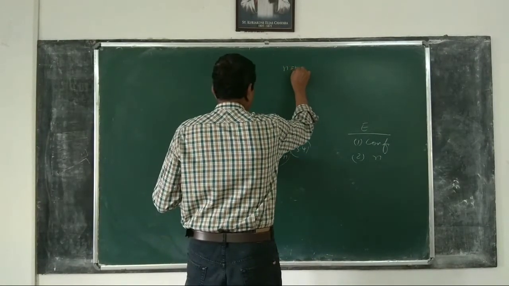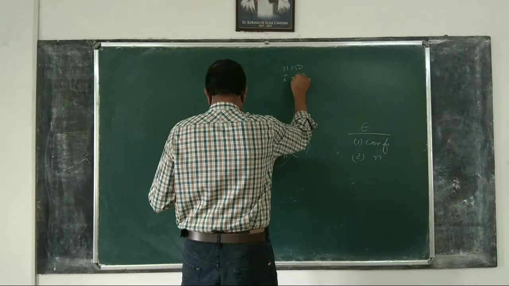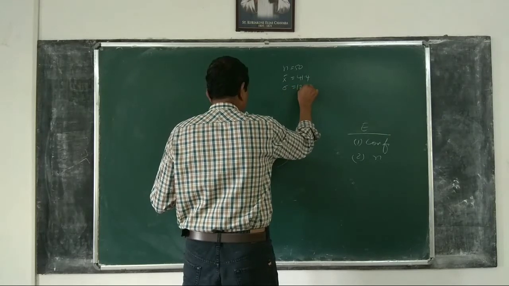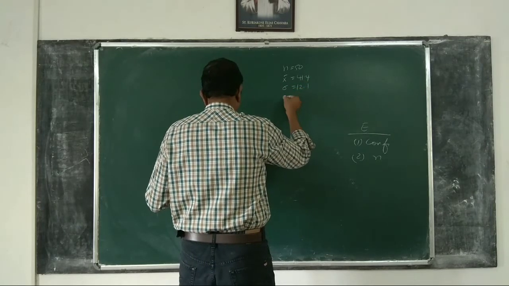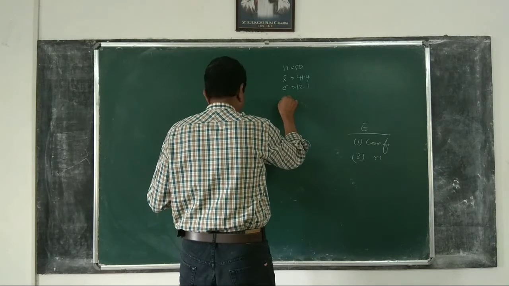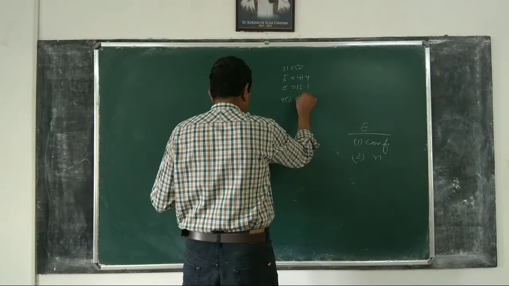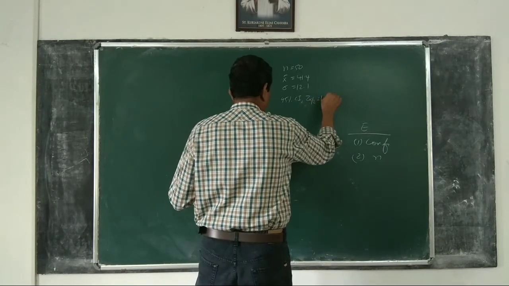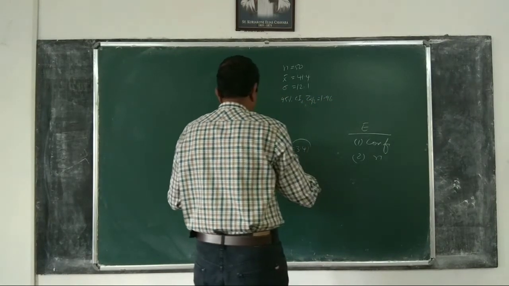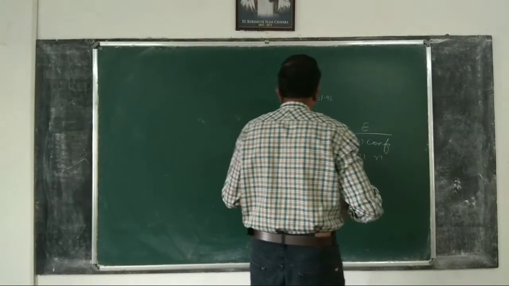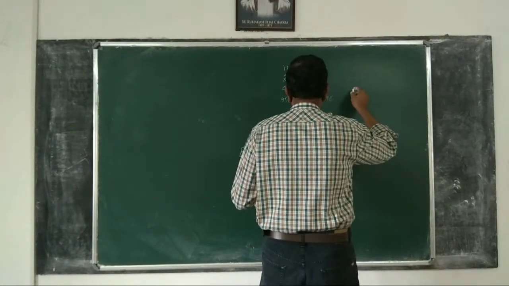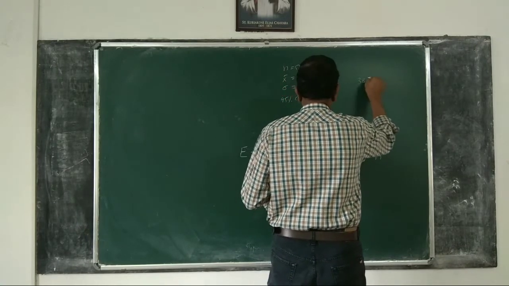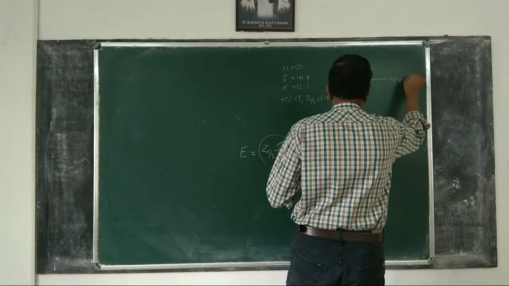n is equal to 50, x bar is equal to 41.4, sigma is equal to 12.1, and for a 95% confidence interval, Z alpha by 2 is 1.96. Then E is 3.4, and the confidence interval is 38.0 to 44.8.